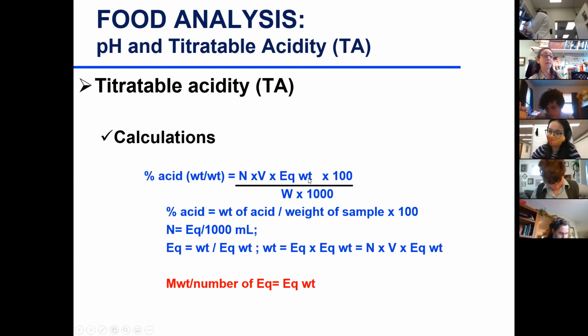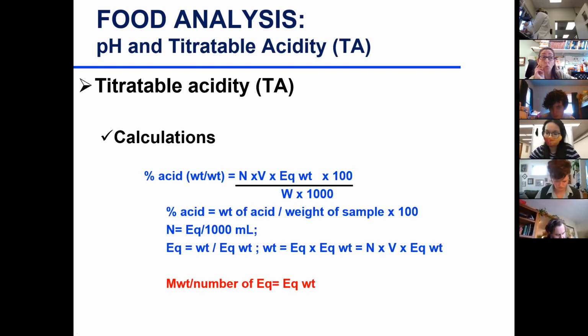I'll explain that in a second. Divided by the weight of the sample, you correct, since volume is in milliliters, you divide by 1,000 to convert to liters, and then you multiply by 100 because it's a percentage. So this equation is the same equation we've used. You've used it earlier, we derived it earlier. Now the only difference is here you use equivalent weight instead of molecular weight.